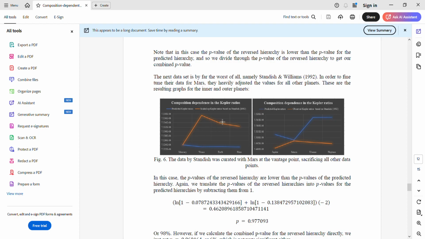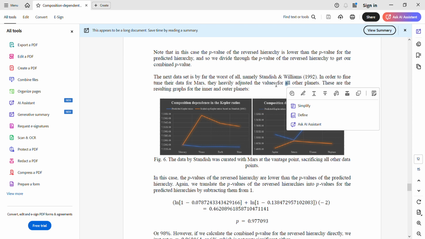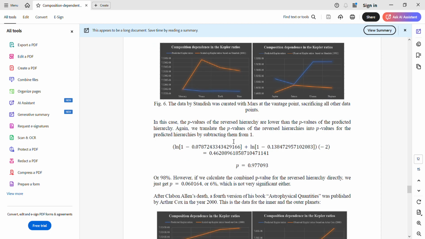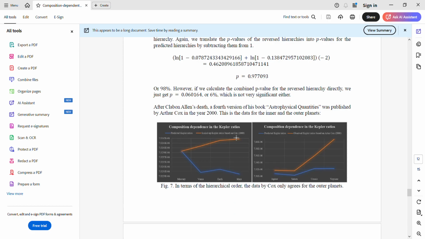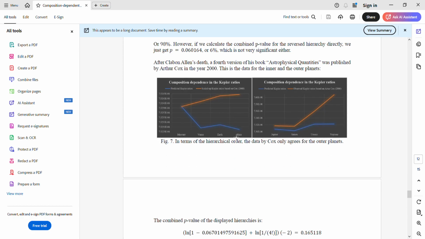What they did, Standish and Williams, they just made everything centered around Mars, so that Mars has the perfect Kepler ratio, which is the perfect average of the whole solar system, and all the other planets were basically neglected. But you shouldn't fine-tune any planet using Kepler's law. You should observe the actual distances using telemetry data.